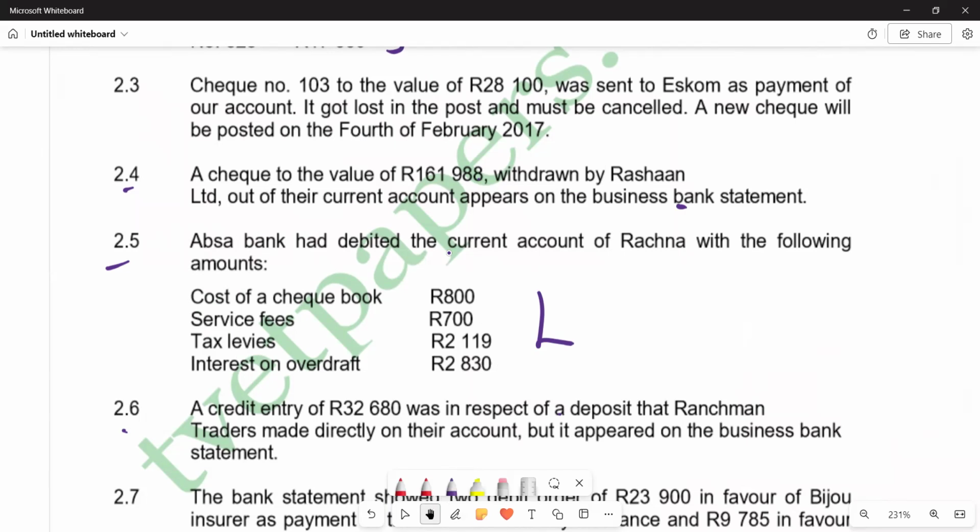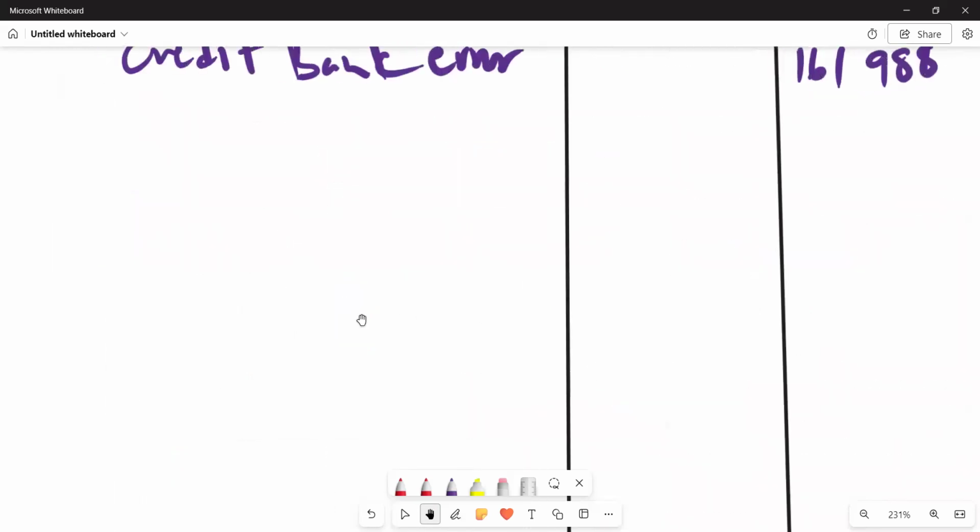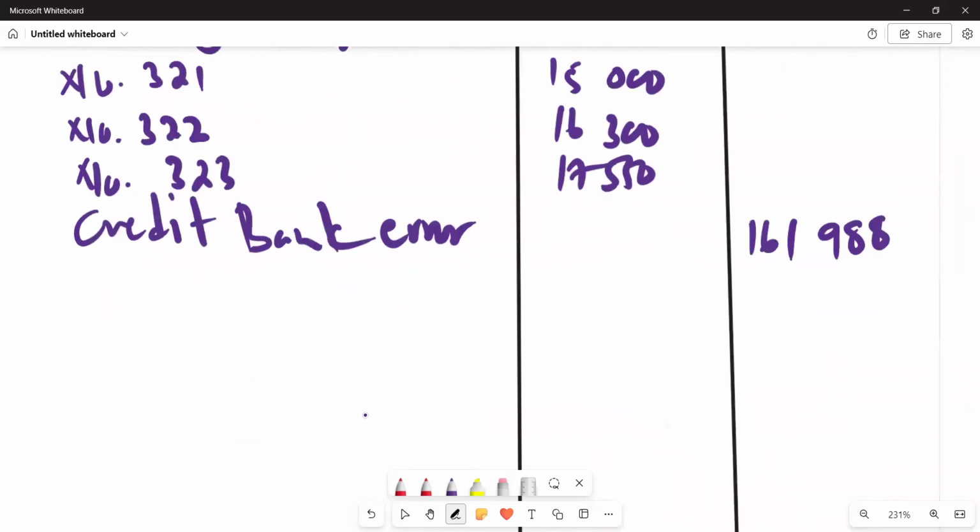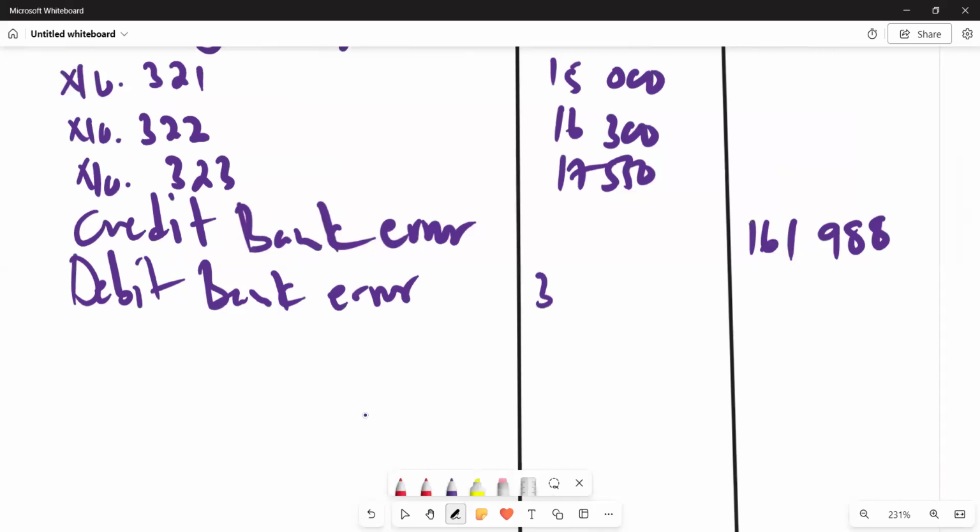And we're going to say we are debiting a bank error of 32,780. We go there. We are saying debit bank error, and the amount that we have is 32,780.